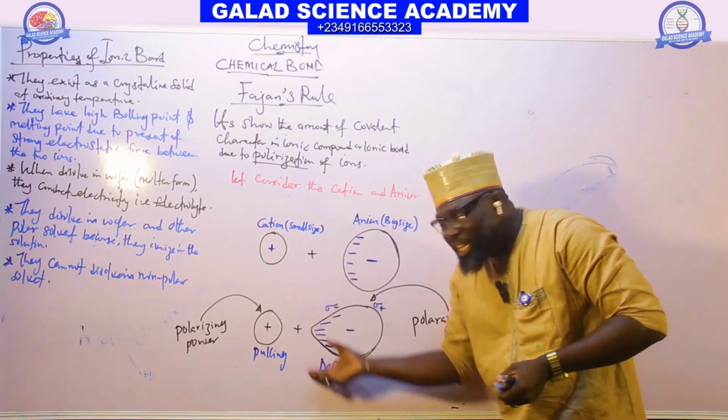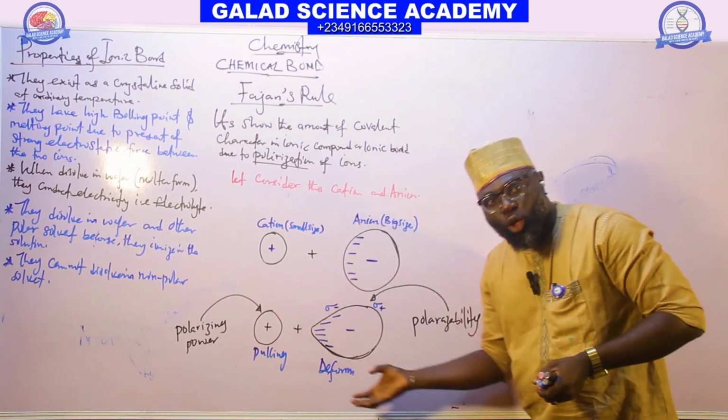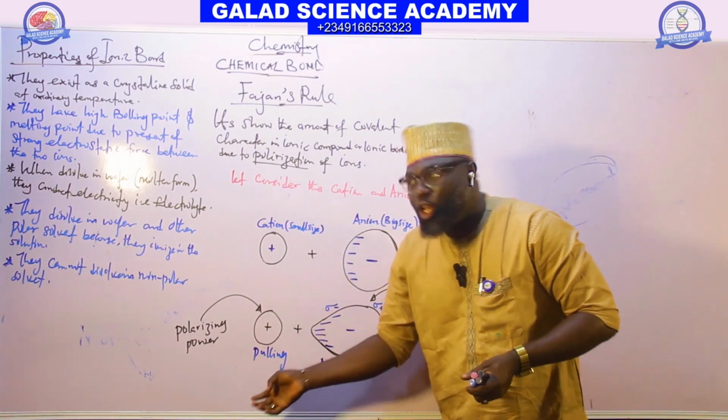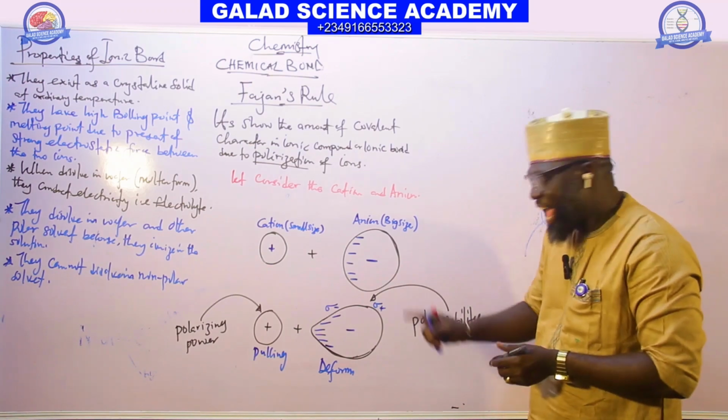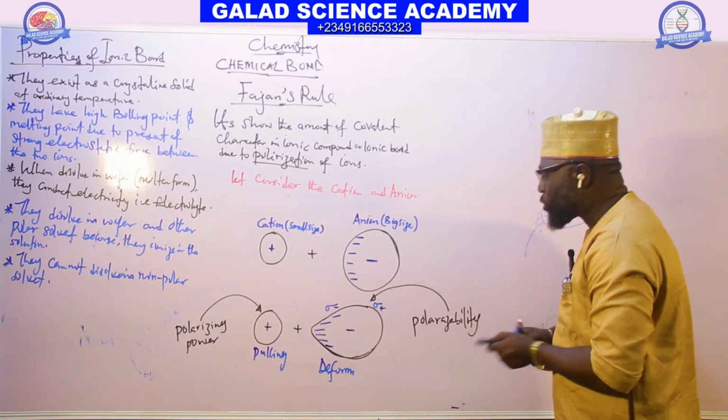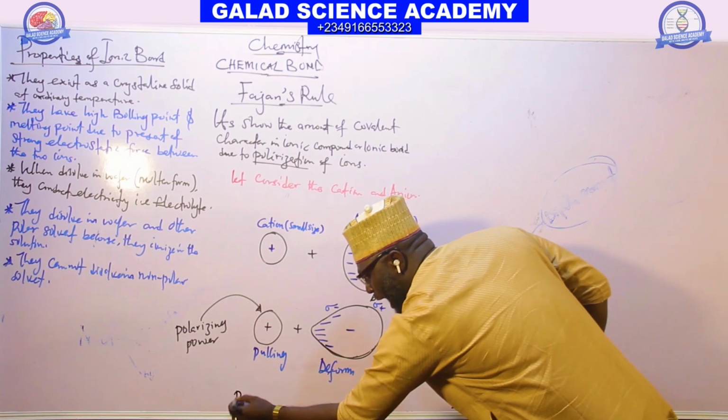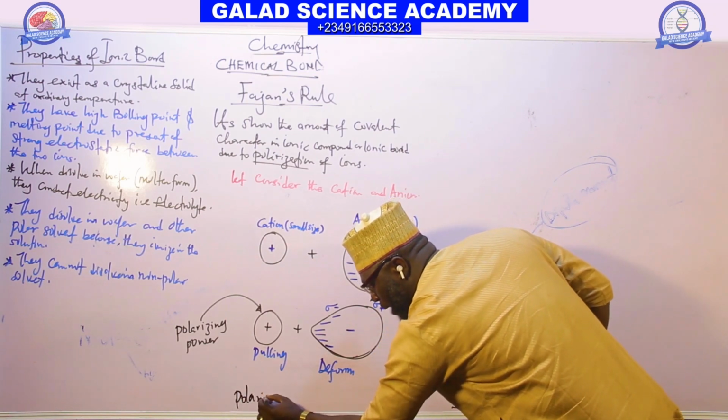The ability of attraction of electron from the anion to the cation is what we call polarization.